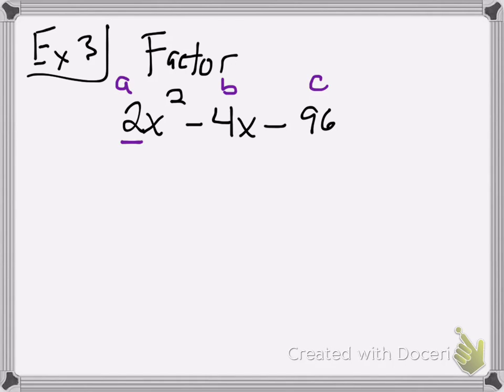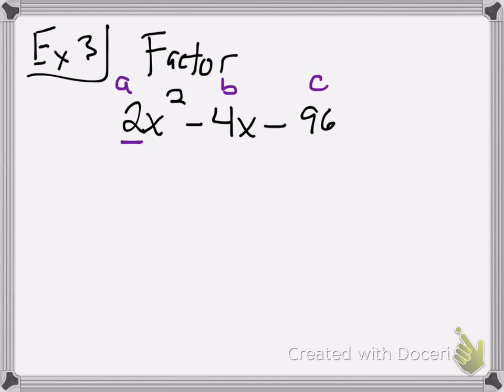Well, since A does divide B and A does divide C, I'm going to factor that 2 out. Basically, when I say something factors or divides something, 2 goes into 4 evenly, 2 goes into 96 evenly. So let's go ahead and factor this out.